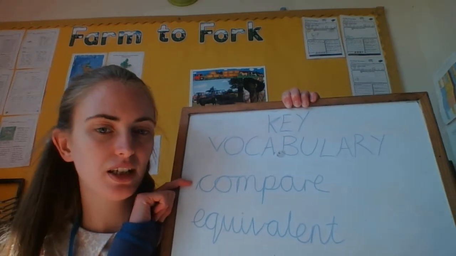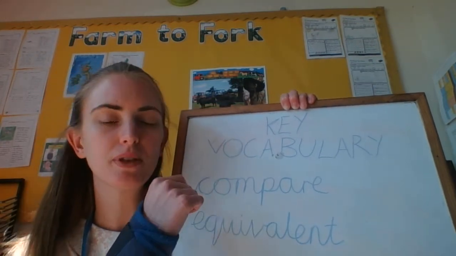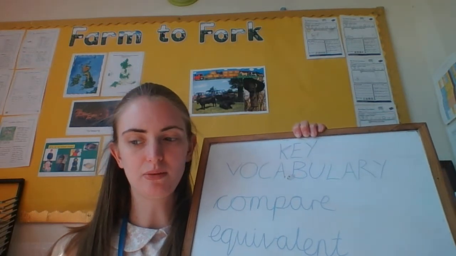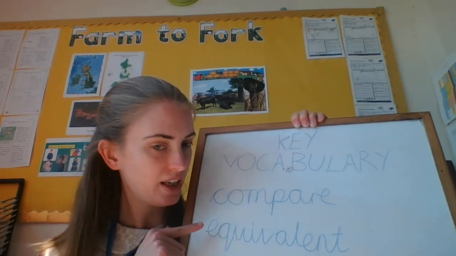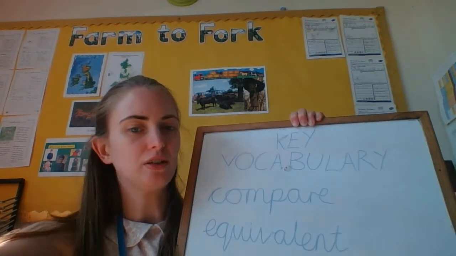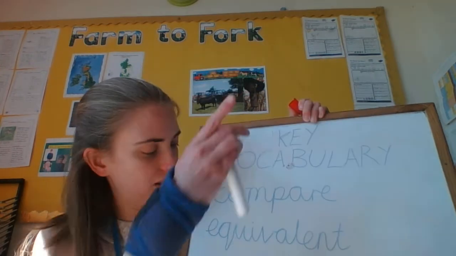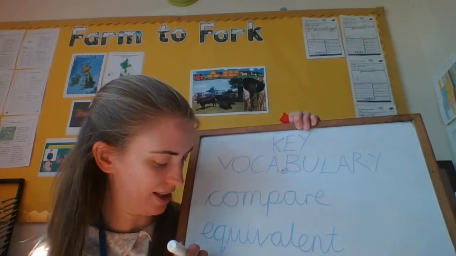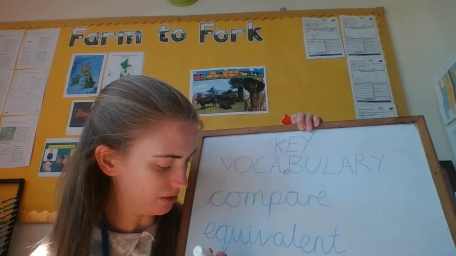The first word is compare, and that means looking at things and seeing how they are different and how they are similar. And the second word is equivalent. If you look at the word equivalent, this bit here, equi, means the same, like in the word equals.